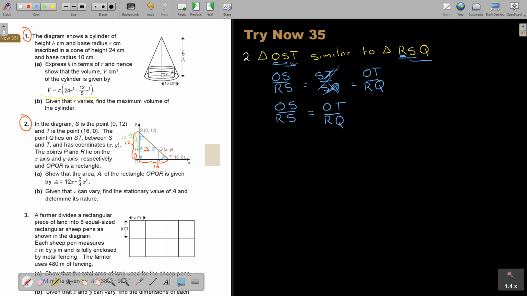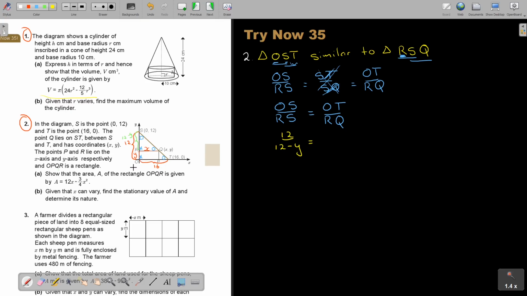And now I'm just basically going to substitute. So in the place of OS, I'm going to put 12. I'm just going to use another color. Okay, let's use the yellow. That's all right. I'm going to put 12. In the place of RS, where is RS? RS is that green. I'm going to put 12 minus y.